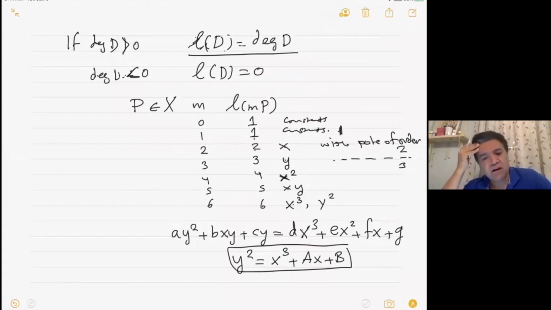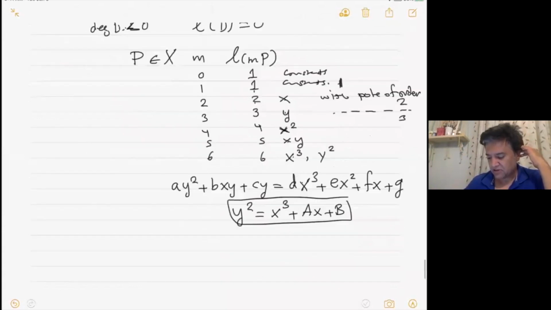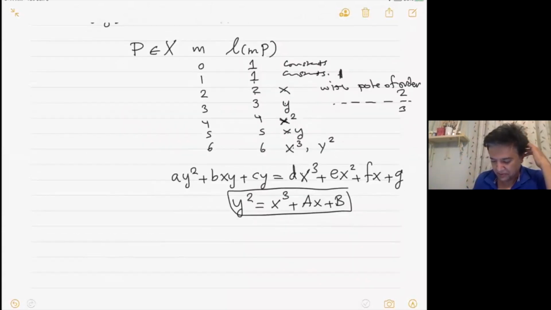So Riemann-Roch actually showed that any genus 1 curve over C is given by such an equation, at least the affine part of it. We have to make it homogeneous to make it the complete curve.